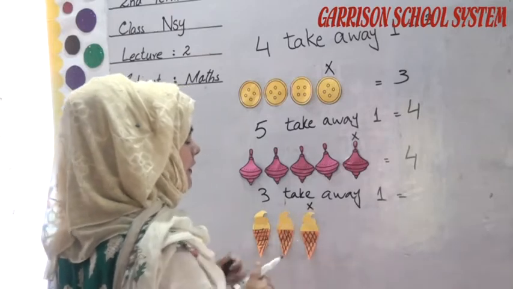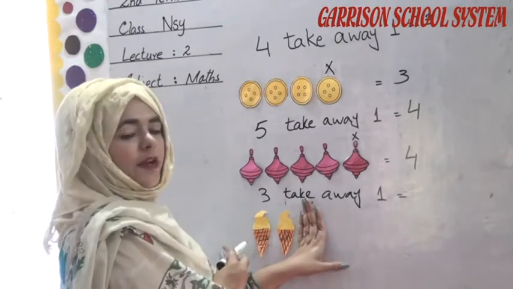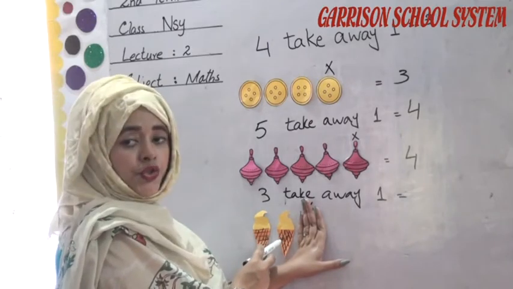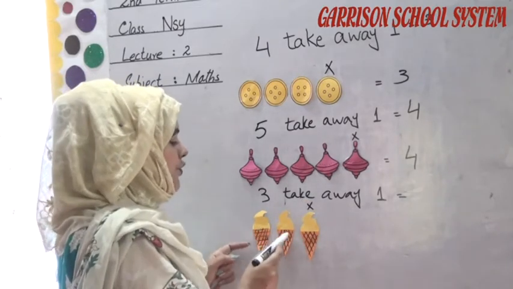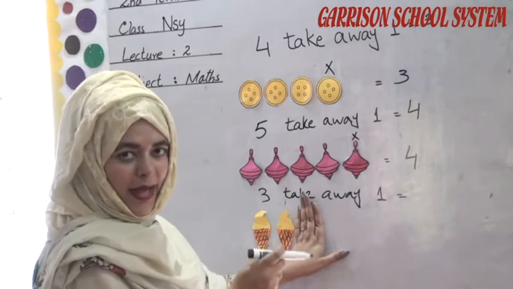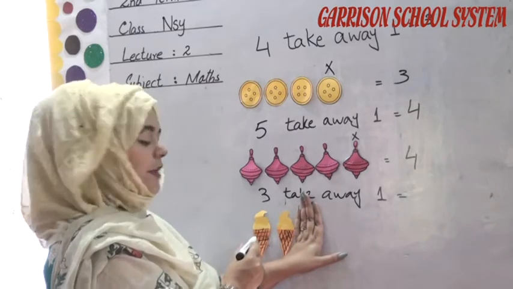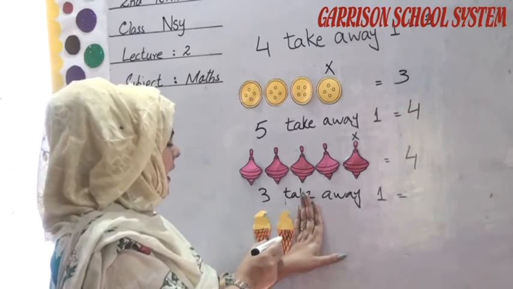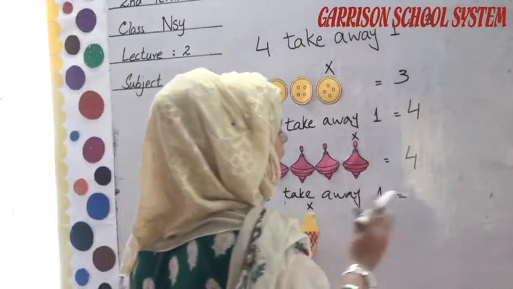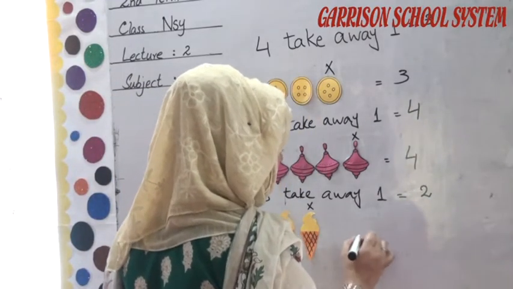If we put a cross on it and hide it like this with my hand, how many will remain? 1 and 2. First what was it? 1, 2, 3. Now we are taking away 1 and I'm hiding it with my hand so that you have a clear idea. Now you count it again. So what will we have? 1 and 2. We will remain with 2. So these are fewer in number.